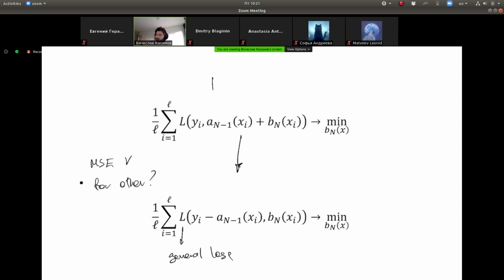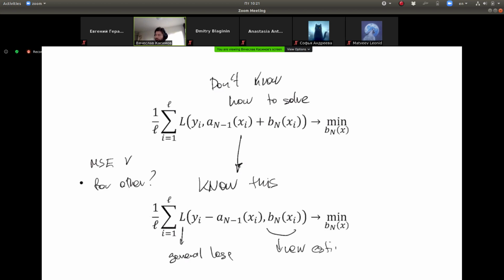We say, okay, we don't know how to solve this, but we know how to solve this. So we could fit our new estimator to this difference, as we did in MSE.